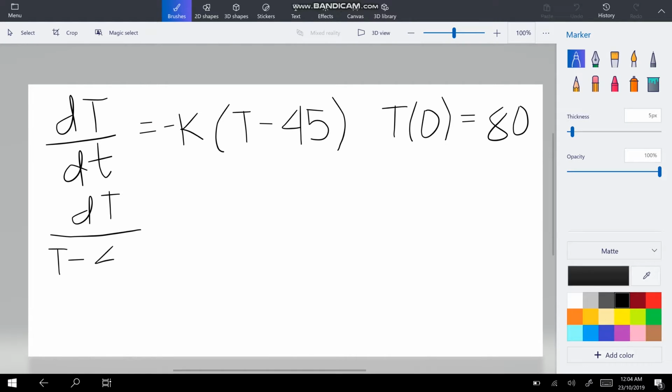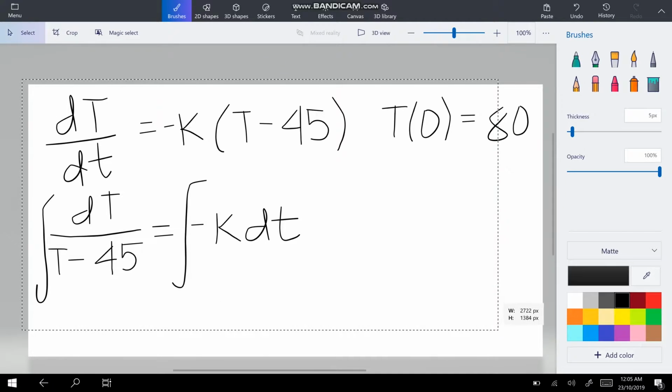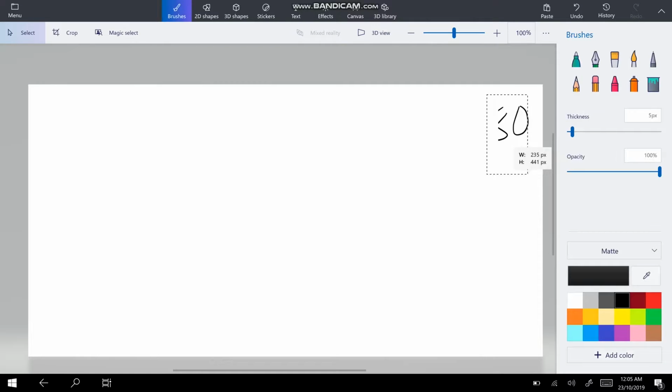So we want to solve that. We can solve it by separation of variables. You can also solve this using an integrating factor. Let's solve it by separation of variables this time. To separate the variables, we multiply both sides by the differential for time, so we'll have little dt over here, and we divide by the temperature minus 45 to get this capital T over there with dT.